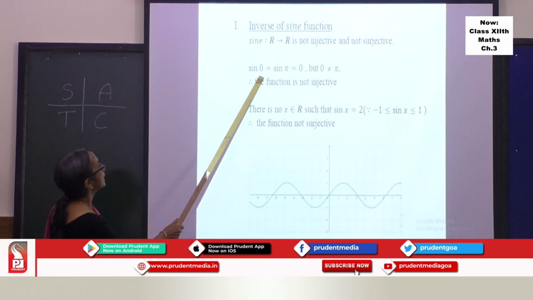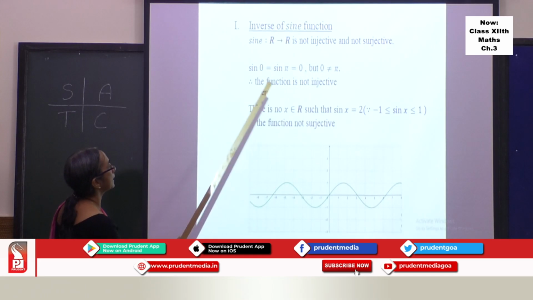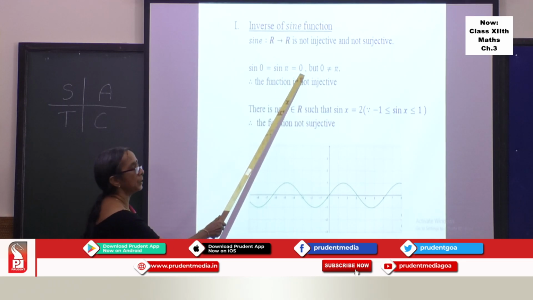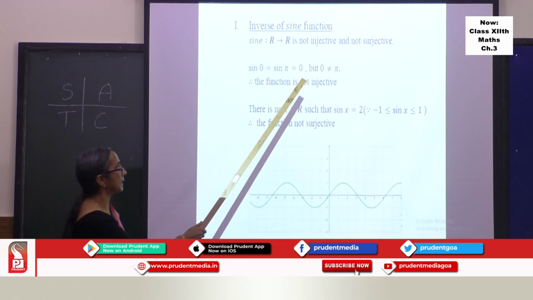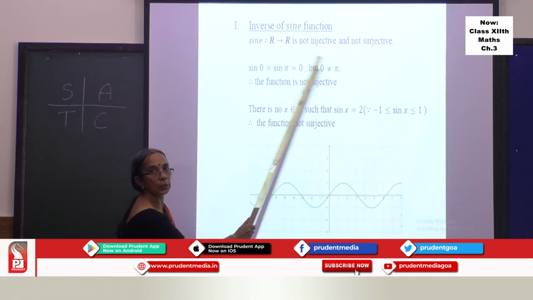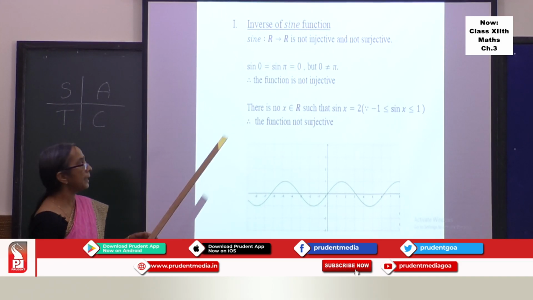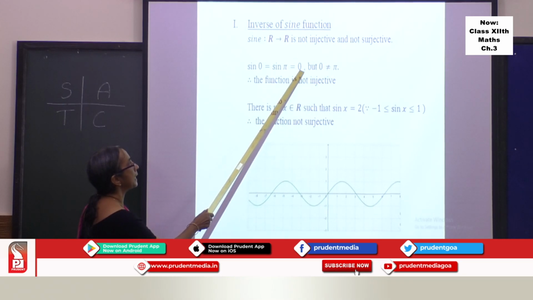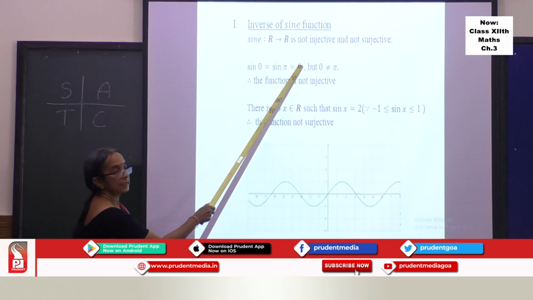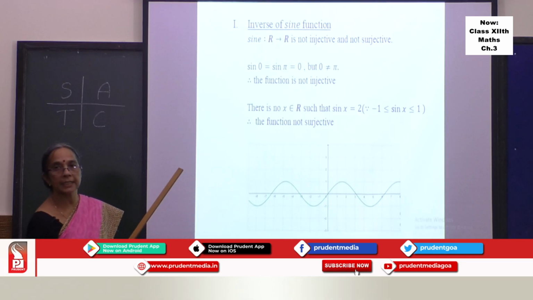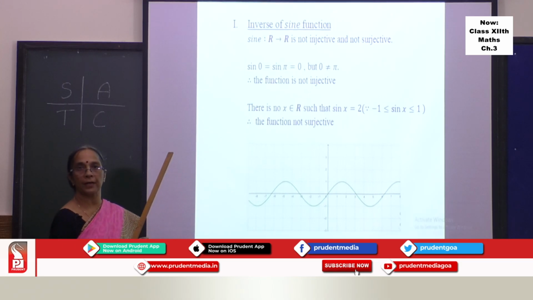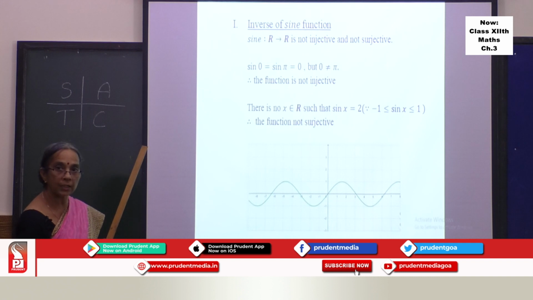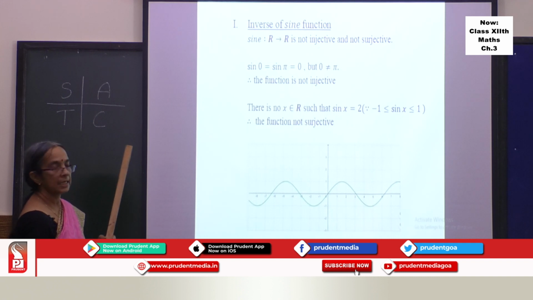Here sine 0 is equal to sine pi, whose value is 0, but 0 is not equal to pi. That means two distinct elements 0 and pi have the same image. Therefore, the function is not a 1-1 function, it is not injective.